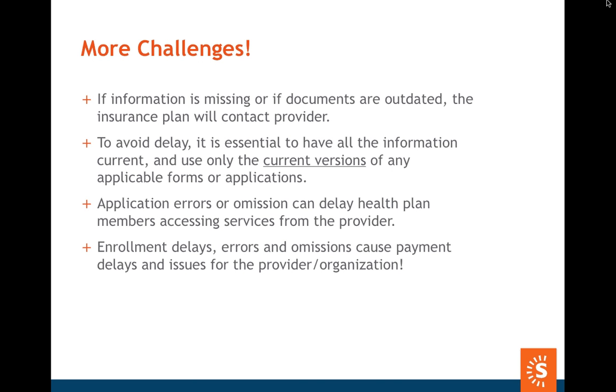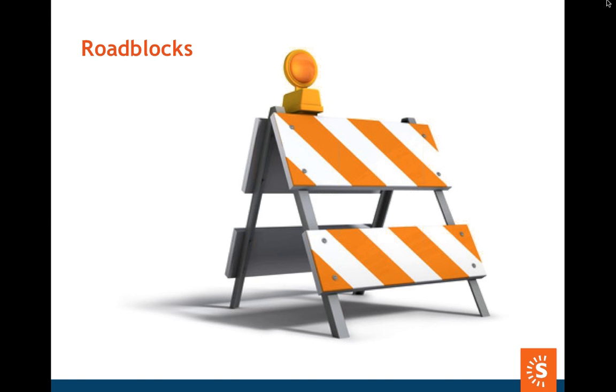Enrollment delays and errors and omissions cause payment delays, obviously, and issues for the provider or the organization. So it all boils down to money and service, and we always want to keep those flowing in the best way possible. Next slide, please. And when we don't, we run into roadblocks, obviously.